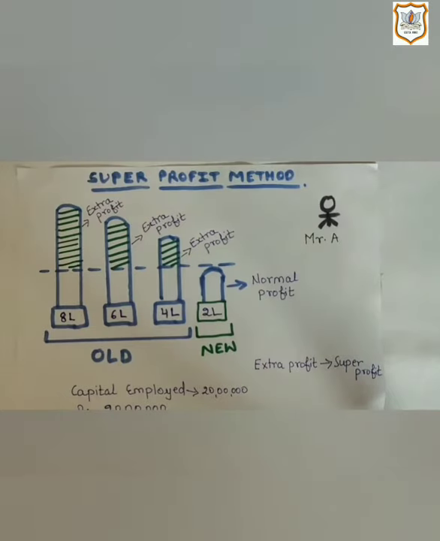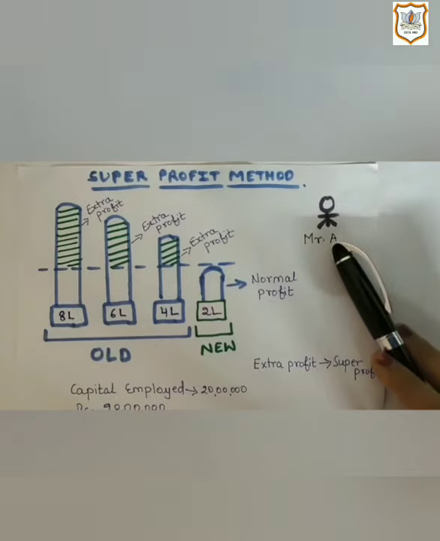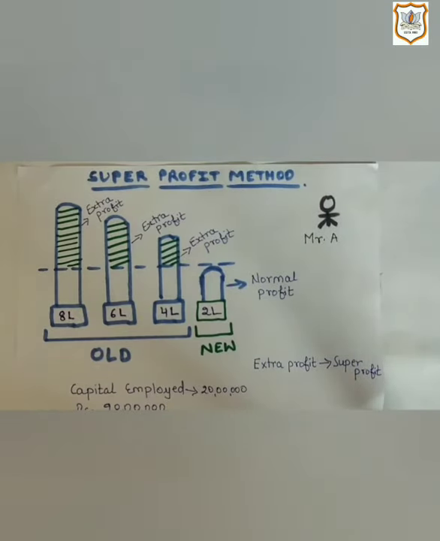Now before discussing the steps involved in the calculation of the value of goodwill under this method, let us understand this method in an easy way with one example. Let's say this is Mr. A. And Mr. A wants to have a business in the market and he wants to earn profit.